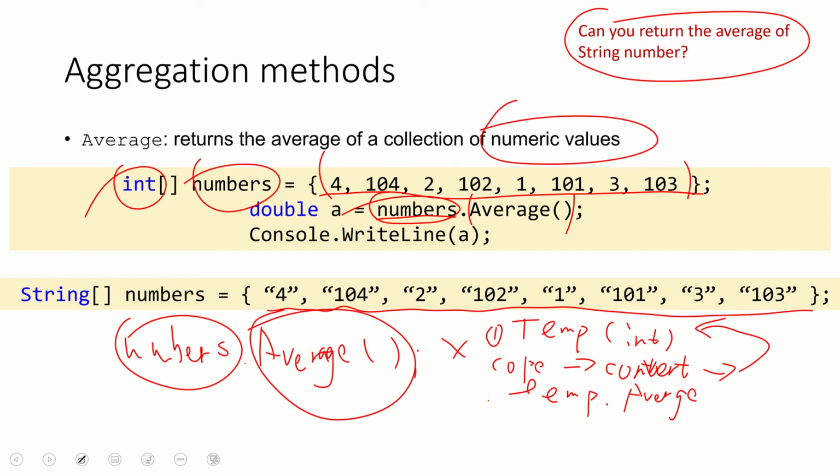So this is the way you can do it. You need to create a new one. Maybe the easy way is to use foreach and a temp one. So there are several ways. You probably need multiple lines and different methods to call to get the result you want.